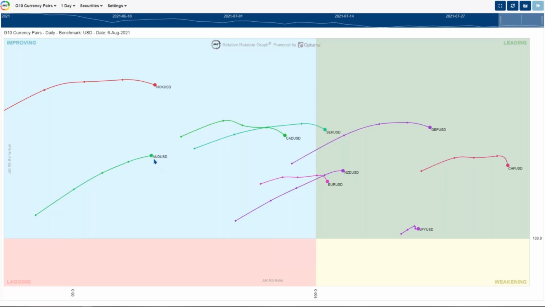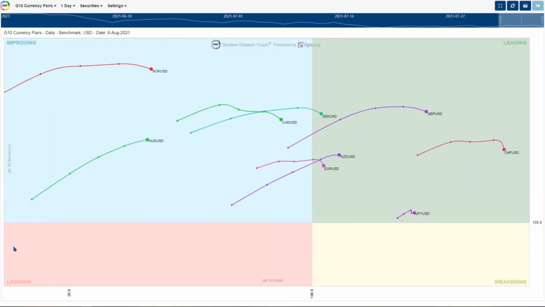The currency which is most to the left is the weakest versus the dollar. The things which are highest have got positive relative momentum. So that's the Norwegian crown, although it's not outperforming, it's got the best relative momentum. And things which would be below that would have negative relative momentum.